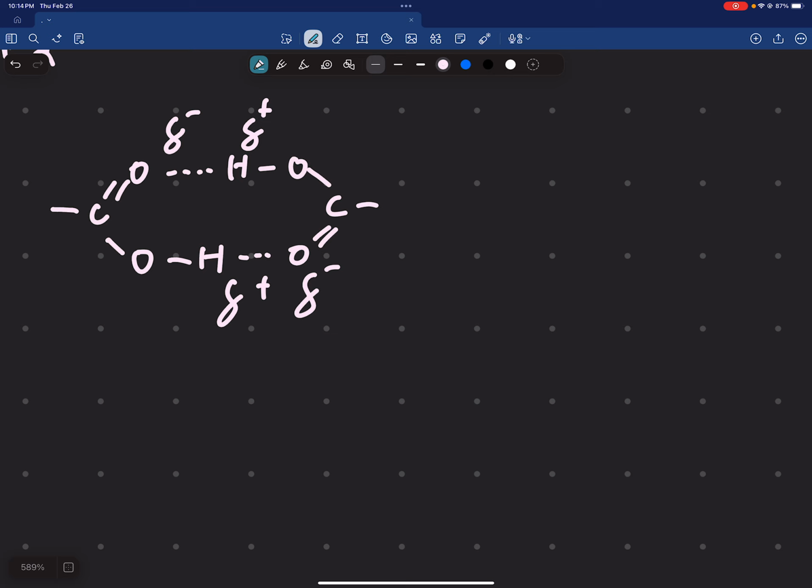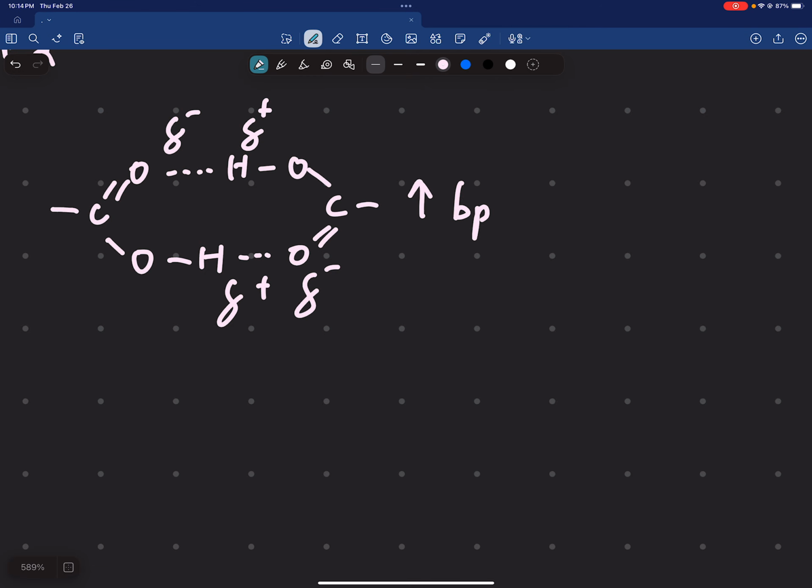So this gives carboxylic acids higher boiling points than other types of organic compounds of similar molecular weight. This results from their relative polarity and their ability to form pretty strong intermolecular hydrogen bonds.